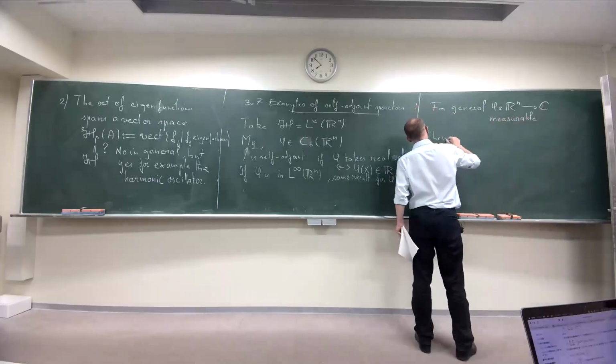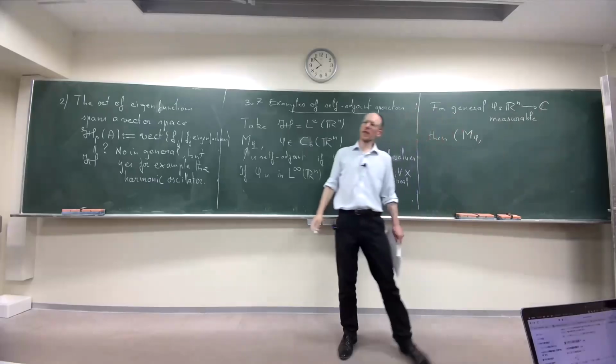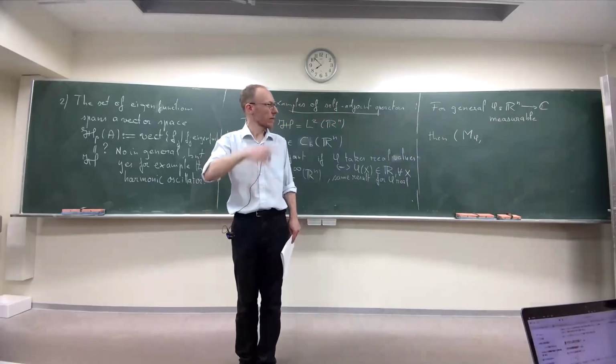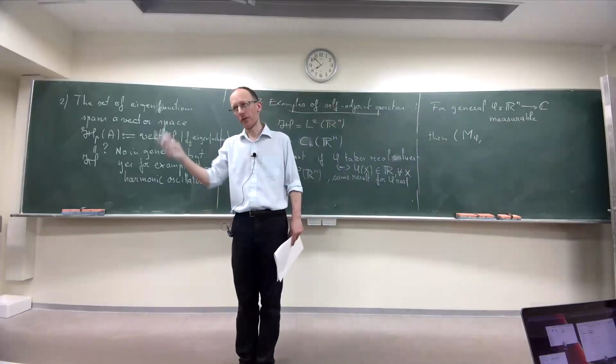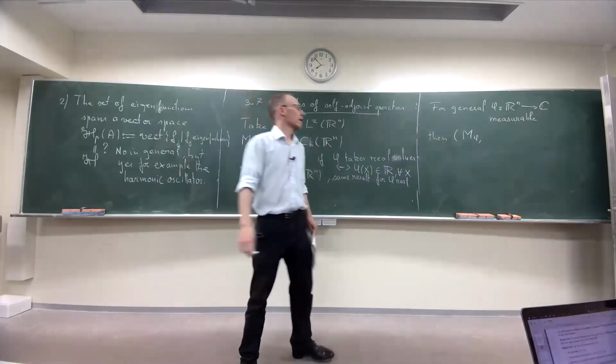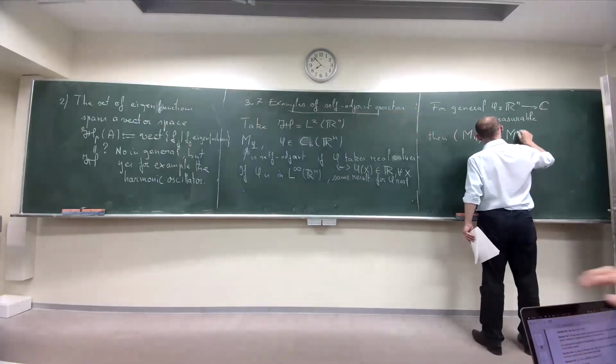Then I define M phi, but I need to be careful. I need a domain. Otherwise, if you multiply an f by phi, you may go outside of the Hilbert space. So what is the domain of M phi?